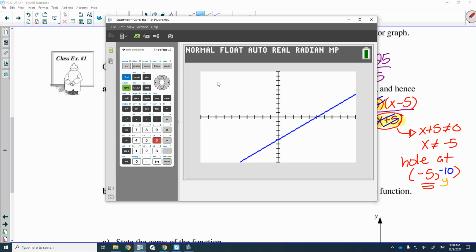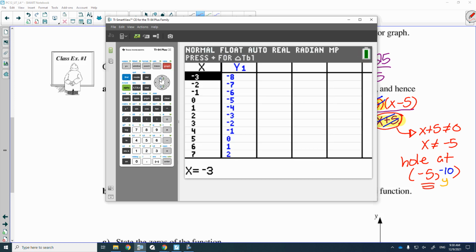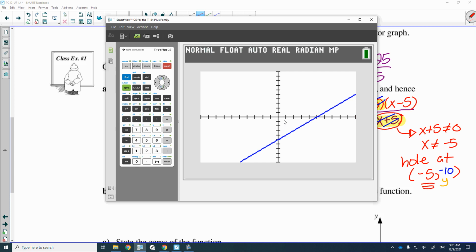there's the graph there. Second, calculate a value. When x is negative 5, there's no y value. That's the hole, right? Or I could look at the table. When x is negative 5, there's a hole right there. So this intercept here is going to be negative 5, and this guy's 5.